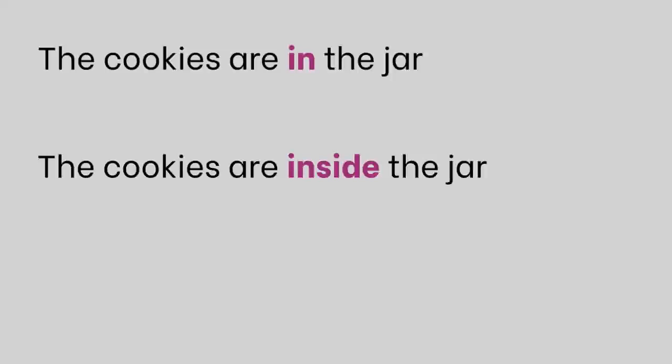All right, now let's look at another example. Let's look at these two examples. The cookies are in the jar, and the second one, the cookies are inside the jar. What is the difference between the two?